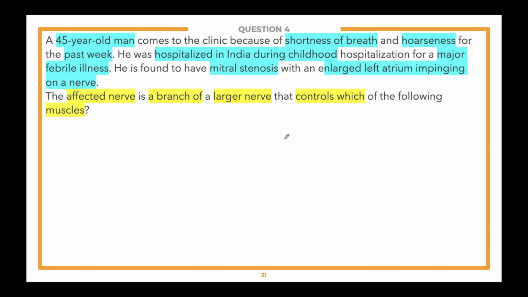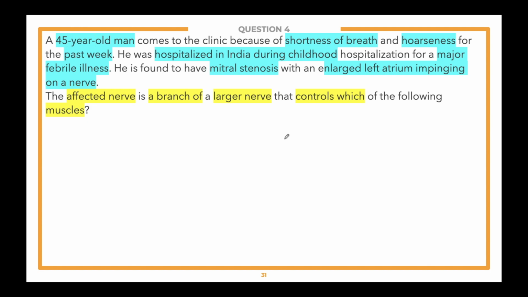Thank you, Sean. So once again, we're going to show you what we think are the important clues in this vignette and the lead-in. This is our 4th time doing this, so hopefully you guys are getting a sense of what are those important clues in the vignette and the lead-in that you really need to pick up on to come to the best answer. It's not just the vignette, but there are oftentimes important clues in the lead-in that you need to pick up on as well to really understand what they're asking you.